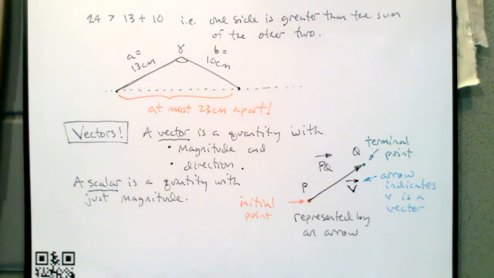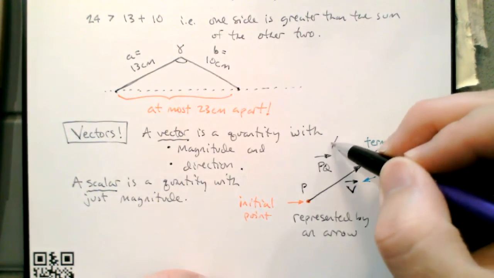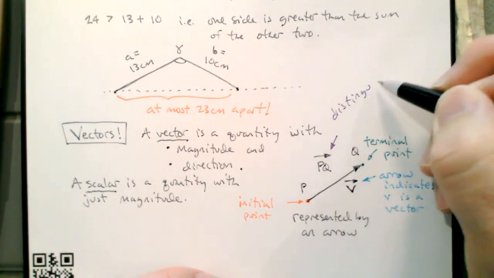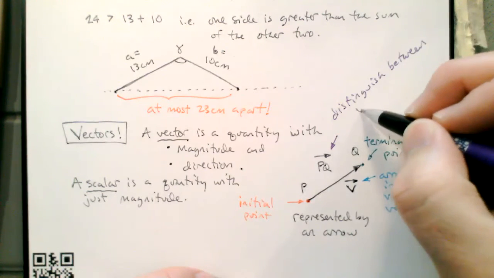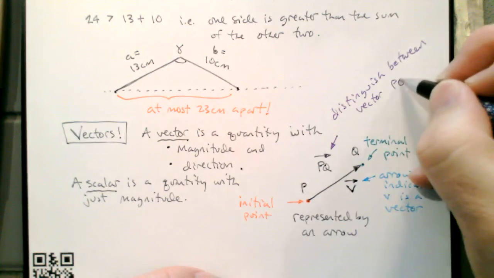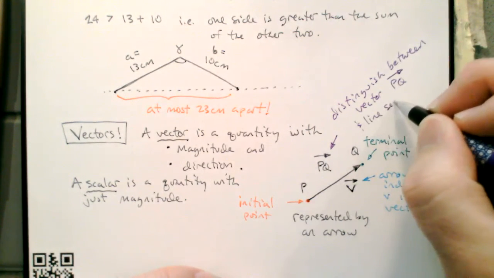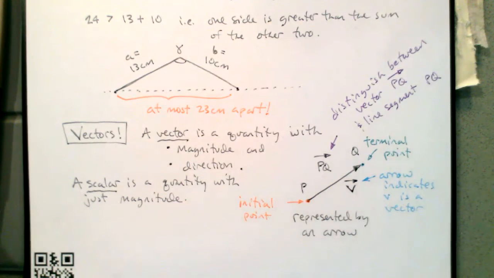Putting an arrow on top says it is a vector starting off at P and ending at Q. So we're making a distinction between the vector PQ with the arrow and the line segment PQ without the arrow.